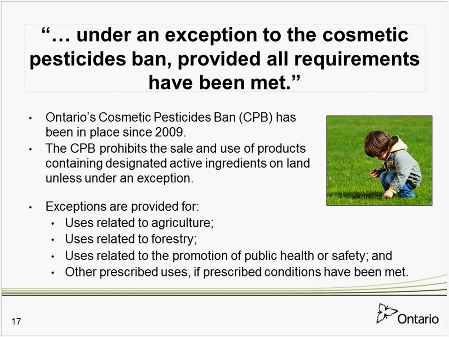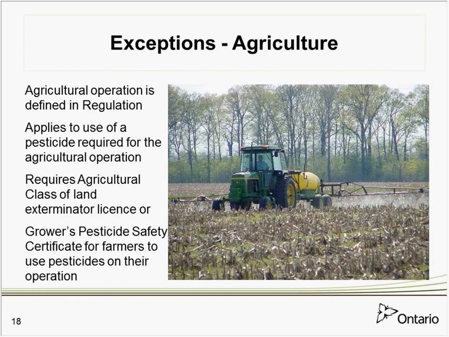But the ones more related here would be the uses related to agriculture, forestry, promotion of public health or safety, and other prescribed uses if the prescribed conditions have been met, which is the way the legislation is written. So obviously the first one is agriculture.